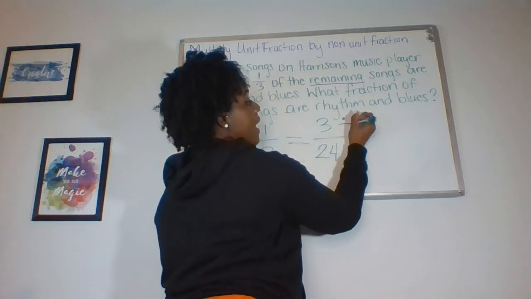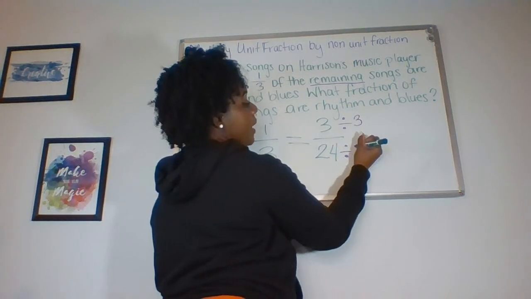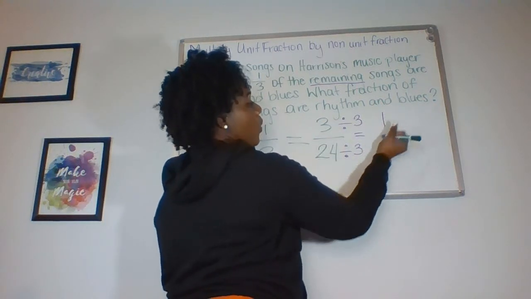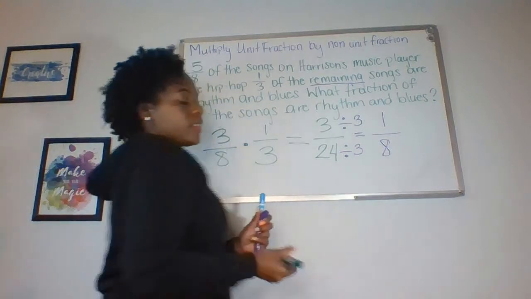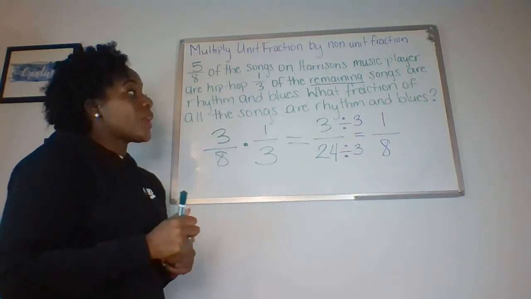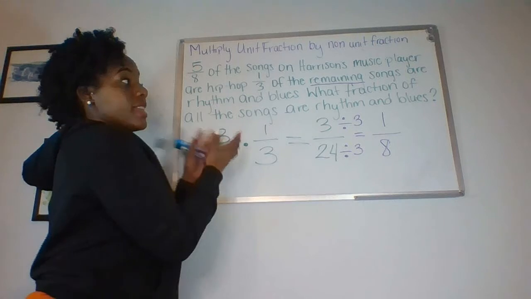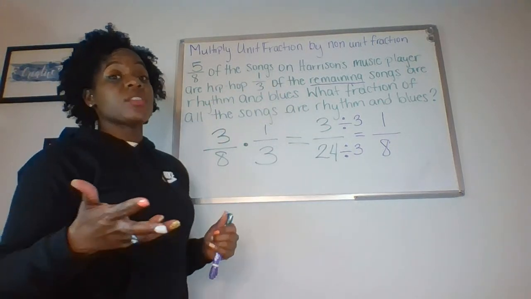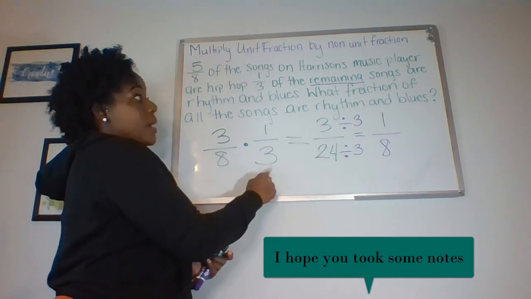So I find the greatest common factor and divide both the numerator and the denominator by the greatest common factor. 3 divided by 3 is 1. 24 divided by 3 is 8. All right? So you've got to pay attention to the details within the sentence itself. Remember that the word of means multiplication. So that's how I knew to multiply 3/8 times 1/3.